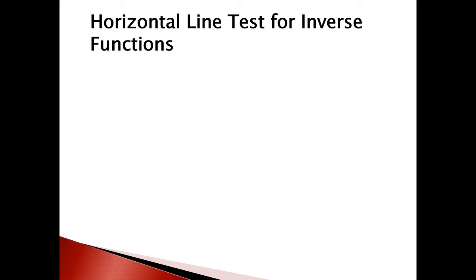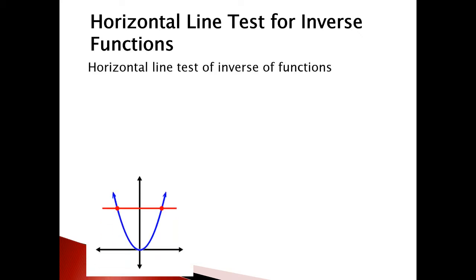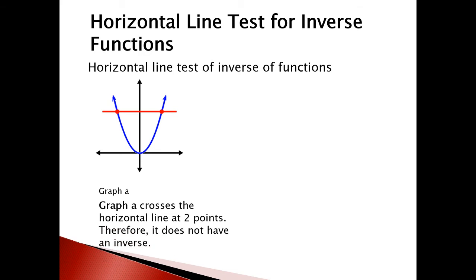If we need to check whether a function has an inverse, we use the horizontal line test. The horizontal line test means if a graph crosses a horizontal line at 2 points, then that graph does not have an inverse function.